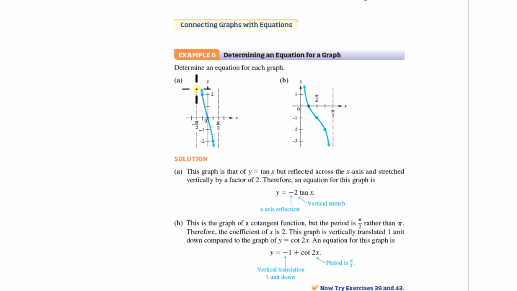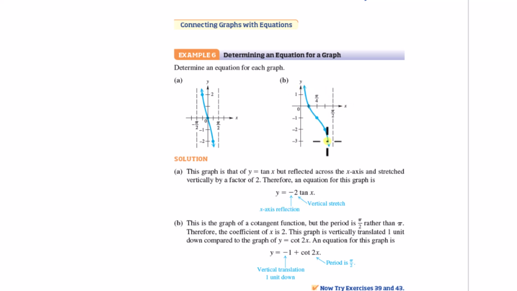But then tangent's like this. So maybe this is a minus tangent, or it could be a shifted cotangent, because tangent and cotangent have the same period, right? Okay, but then they say x is equal to minus pi over 4, the graph is equal to 2, so you can figure out that it's been scaled up by 2, and it's tangent, but it's been flipped. So y is equal to minus 2 tangent x.